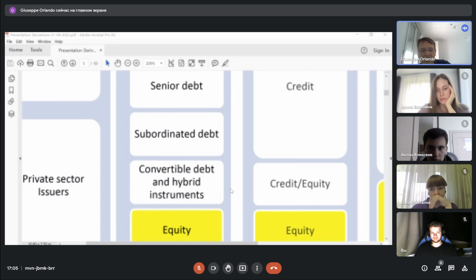Maria, is it clear what you said? Yeah. And then why you have this kind of instruments? Why you want to buy senior debt or subordinated debt? Like in all cases, when you have less risk, you have less reward. You earn less.